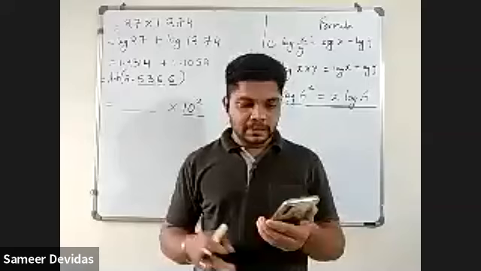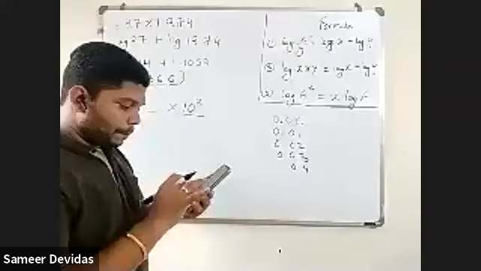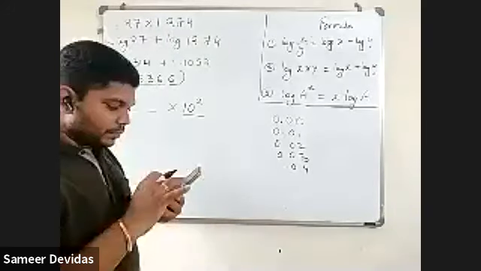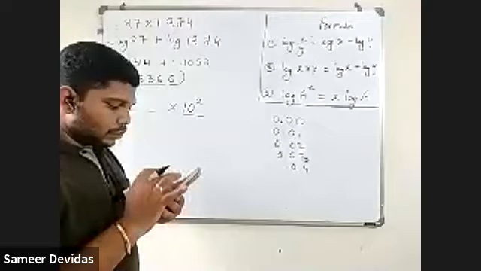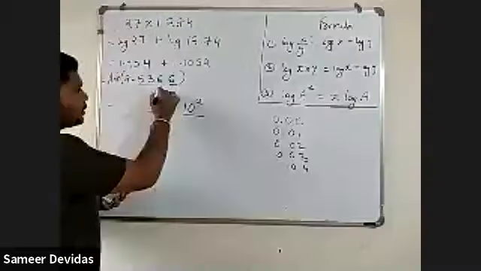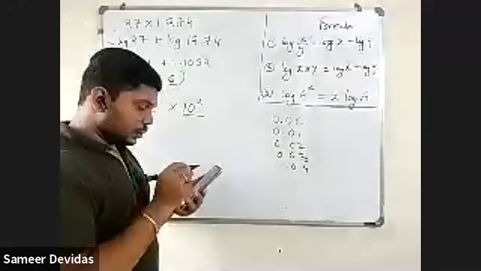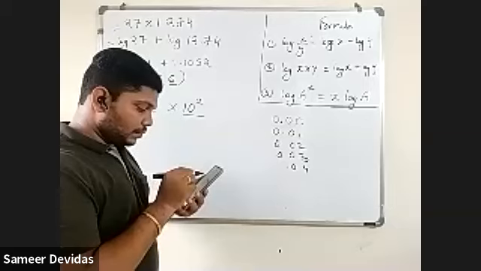So 0.53. Can you see 0.53? Yes or no? Yes, sir. So in 0.53, check under the 6 column. Which number will you get? 3436.